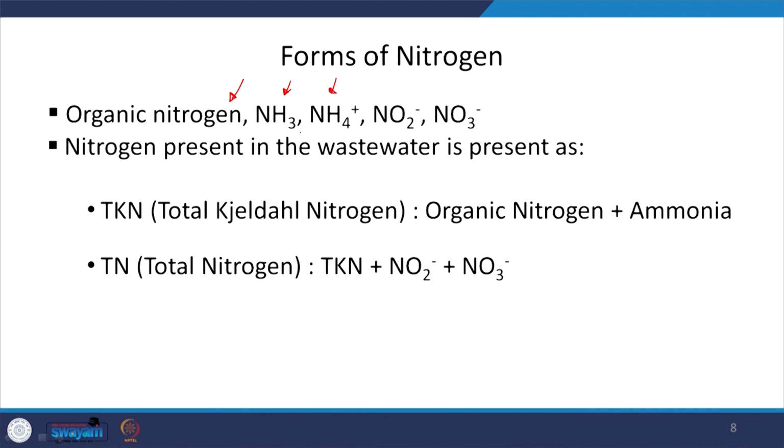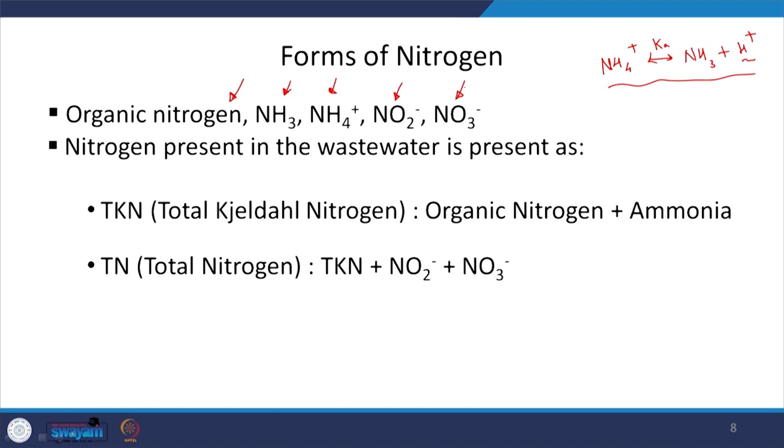NH4+ and NH3 are in equilibrium, typically based on the H+ or pH of the solution, and you will have an equilibrium dissociation constant. Again, that is acid-base environmental chemistry, you can look that up. And then depending on the level of oxidation, you can have nitrite, NO2-, or nitrate, NO3-. So, these are the forms we are concerned with.